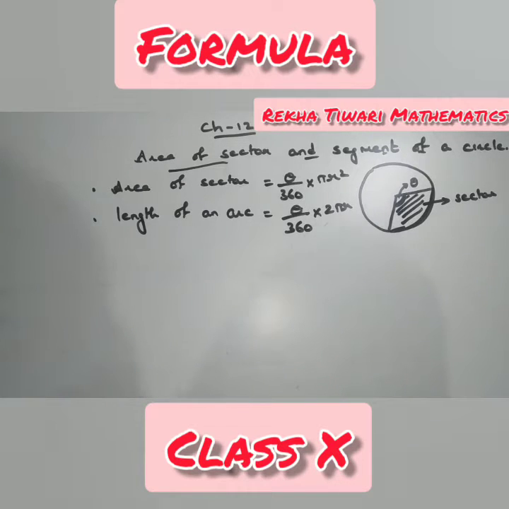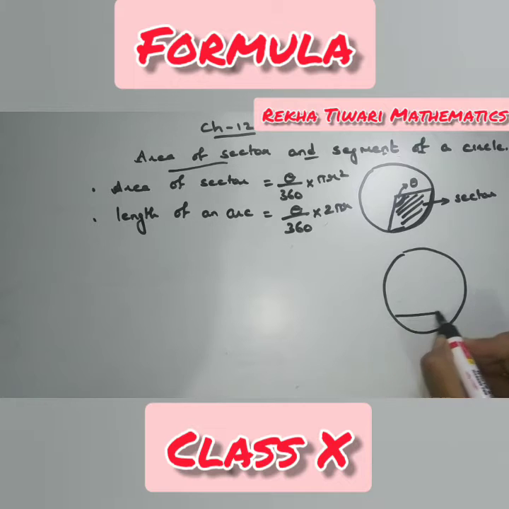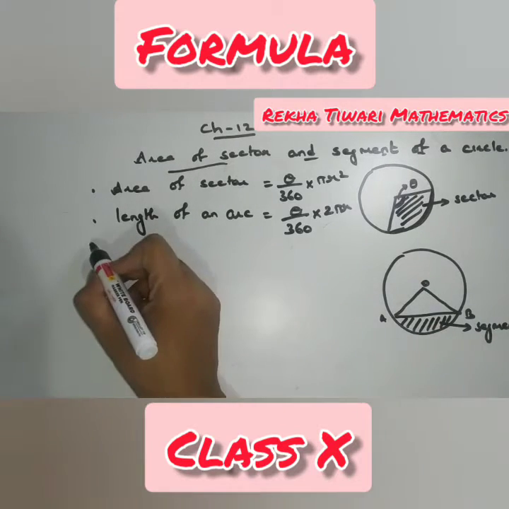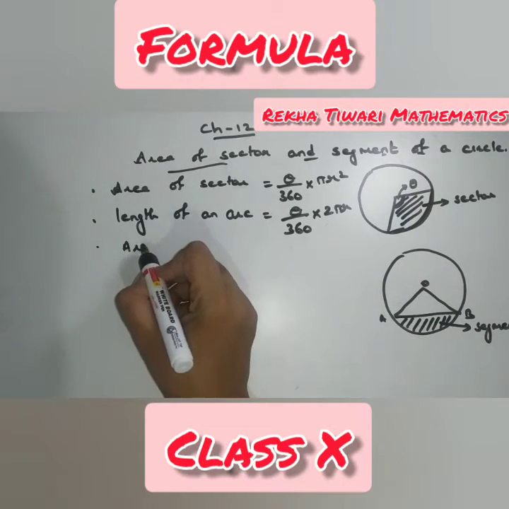Now the last formula is area of the segment. So what is segment? Segment is the region bounded between chord and the arc. So this is the segment. Now if you have to find out area of this implies area of segment is what?